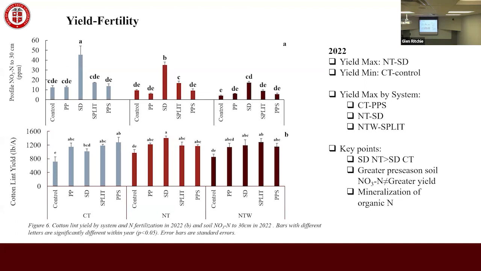But if we go over to the no-till system, the trend follows more similarly to our soil nitrogen data. And then again, for the no-till wheat system, it follows a little bit better than the conventionally tilled system does. But overall, we're not seeing a great link between the inorganic nitrogen and yield because of the great amount of mineralization potential we see in the organic N pool in the no-till wheat system.